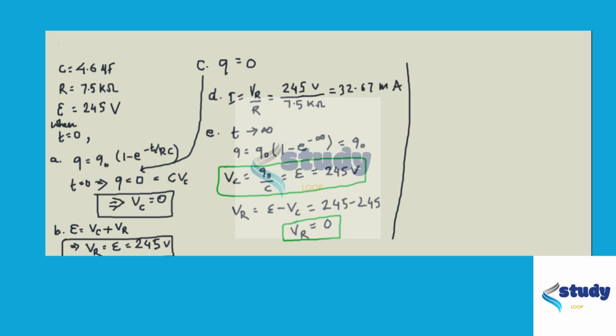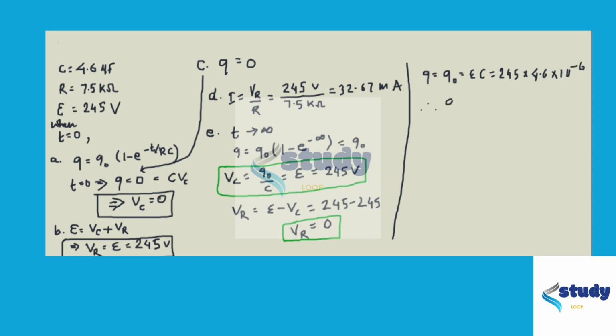Now we need to find Q. So Q is equal to Q naught, which is equal to E times C. Now E is 245 and C is 4.6 microfarads, 4.6 times 10 to the power minus 6.